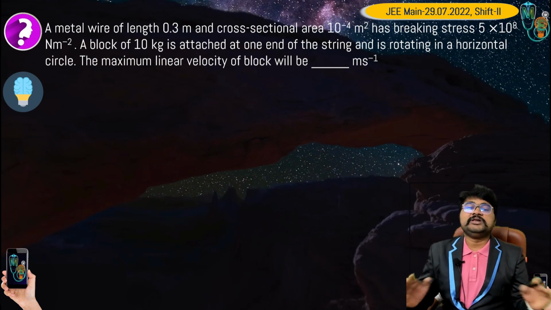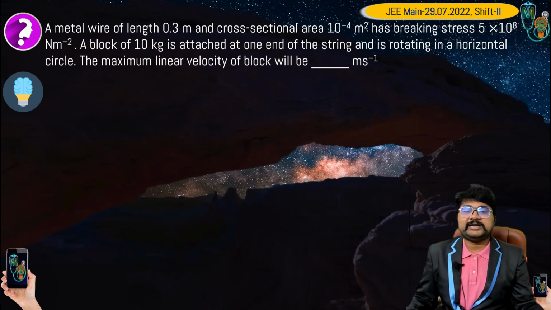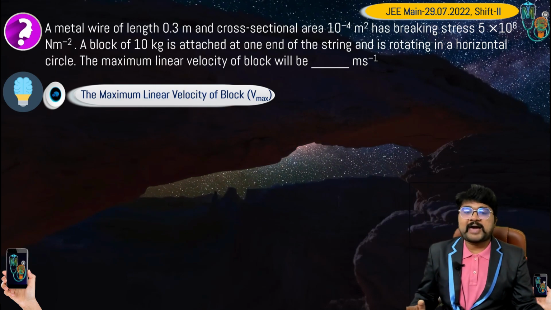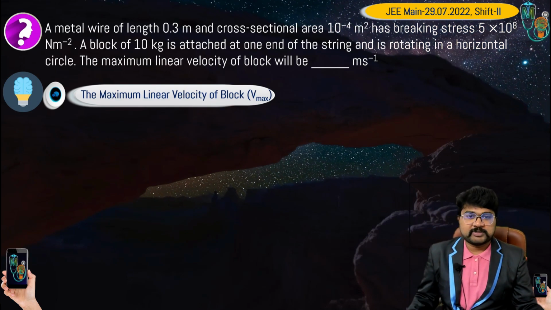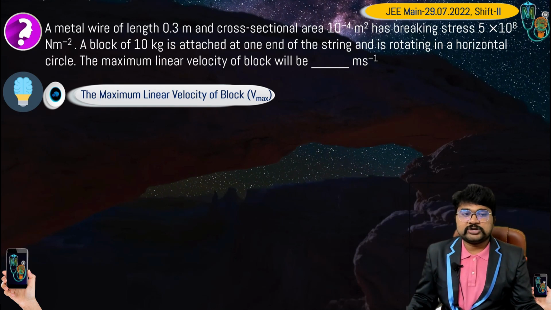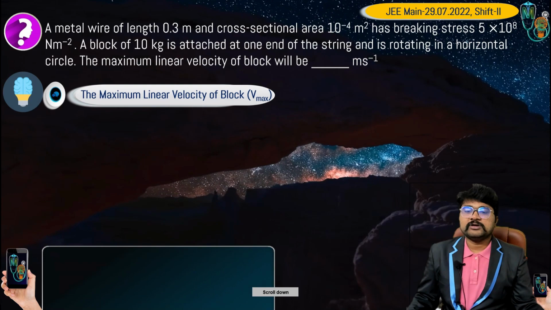The maximum linear velocity of the block will be dash meter per second. It is very simple to calculate. They are asking the maximum linear velocity of the block. This question was given in JEE Mains 2022 shift 2.